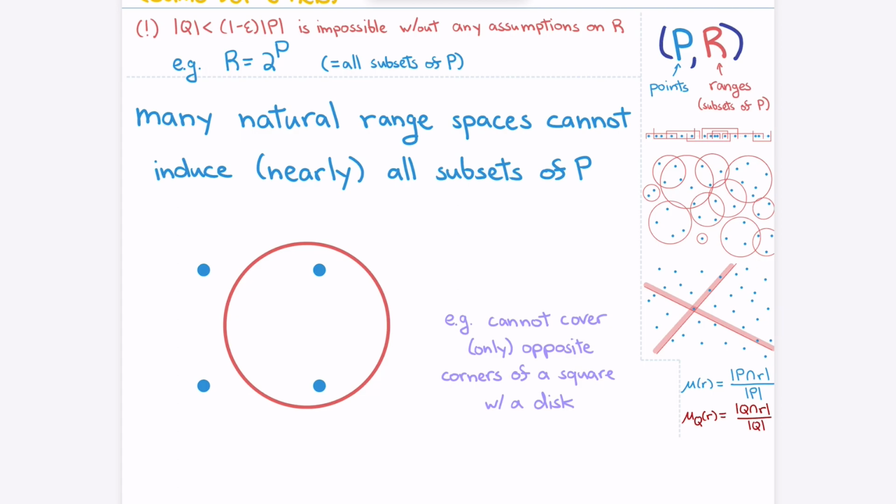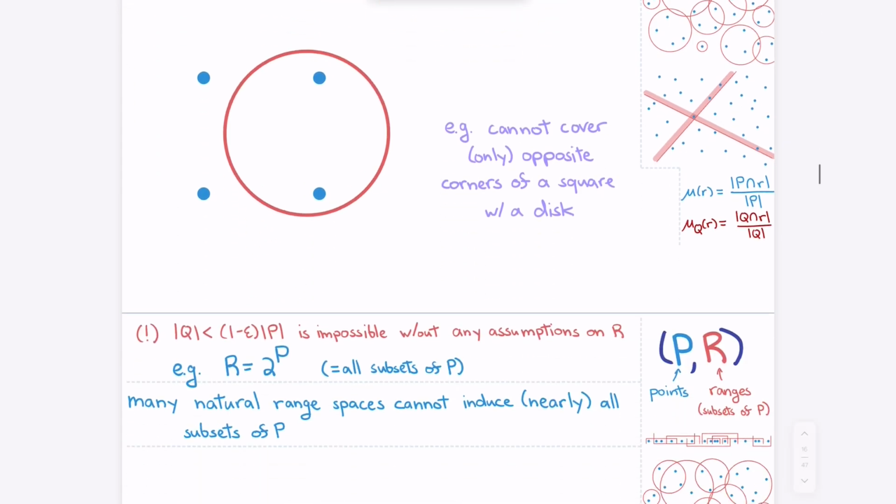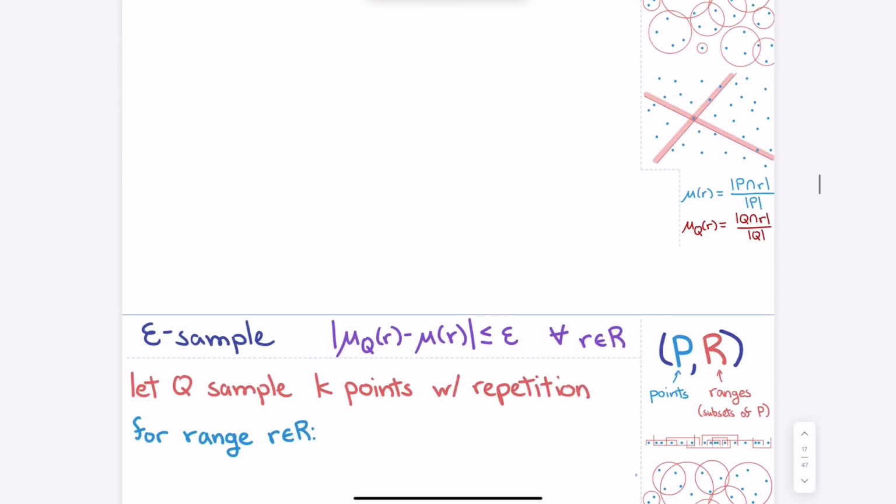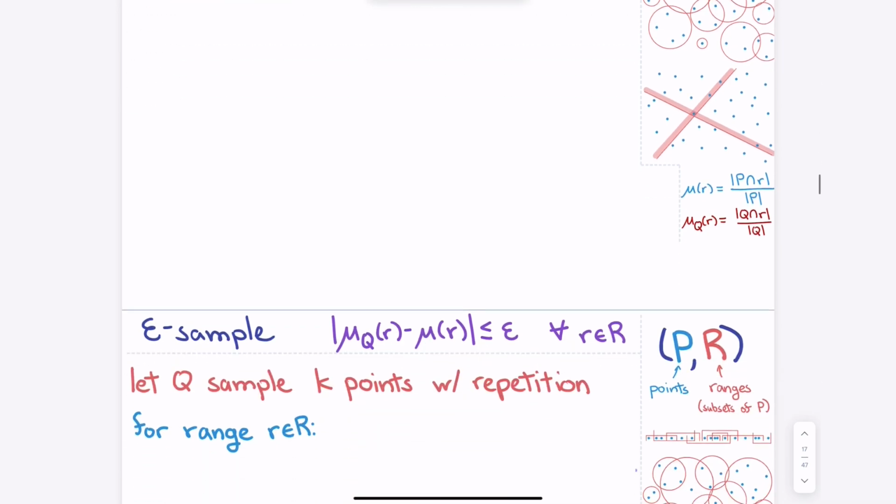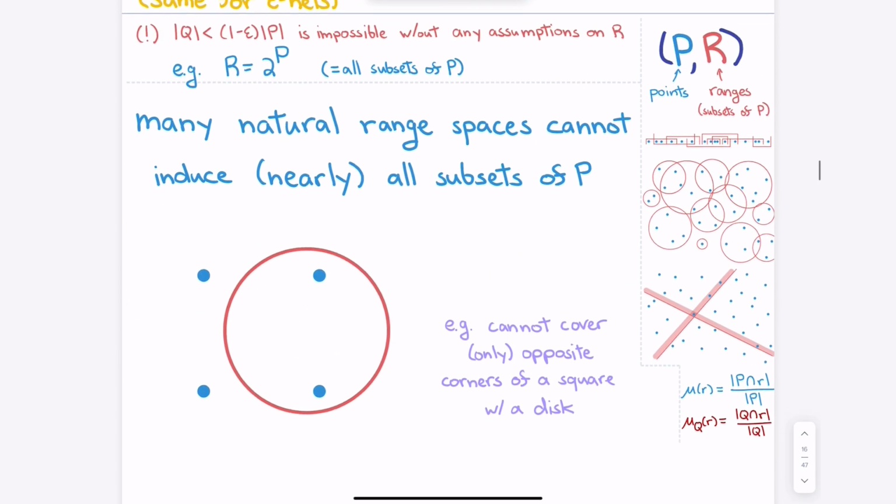That's good for us because it thwarts the counterexample from before. In fact, how many subsets of points can I make out of disks? N squared-ish.